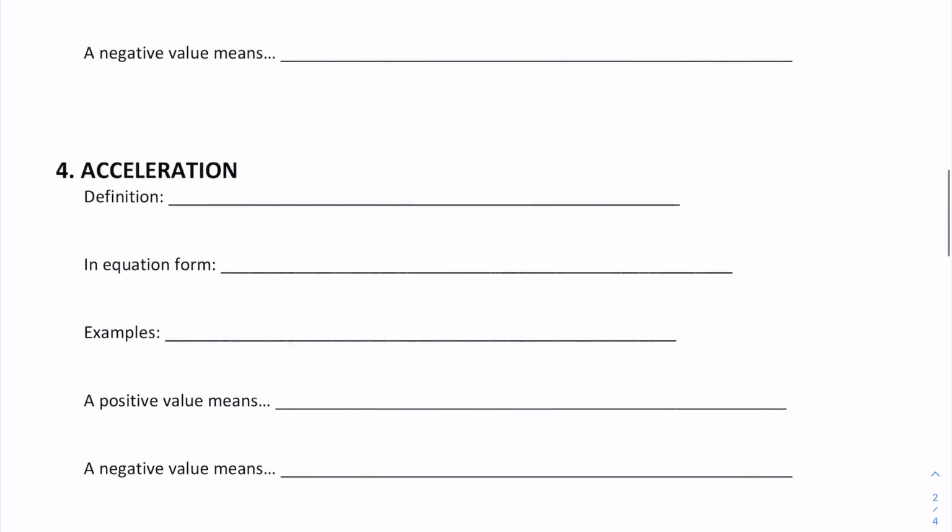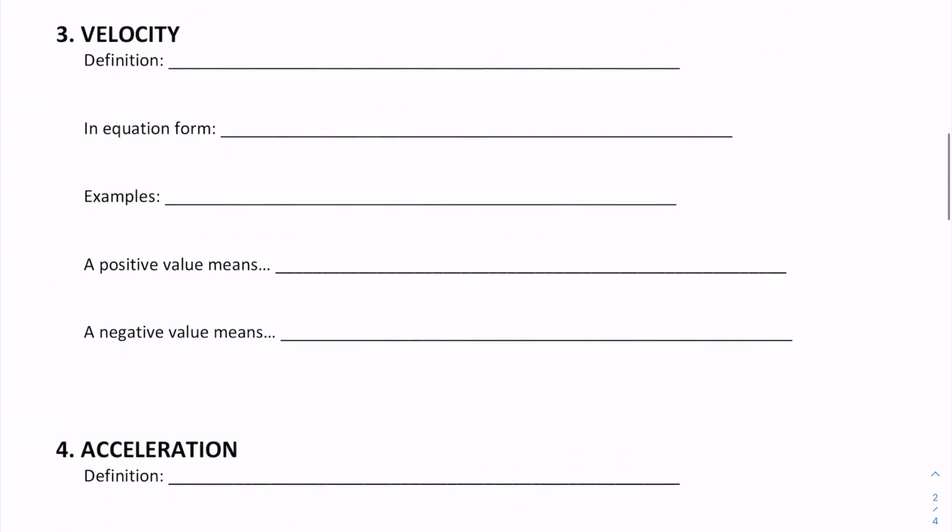All right, let's add another vector. Velocity. What is velocity? So velocity is a change in position over time. So I will actually just pause right there.